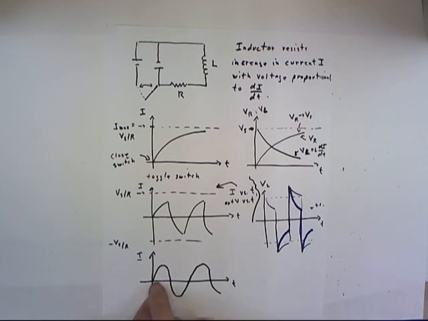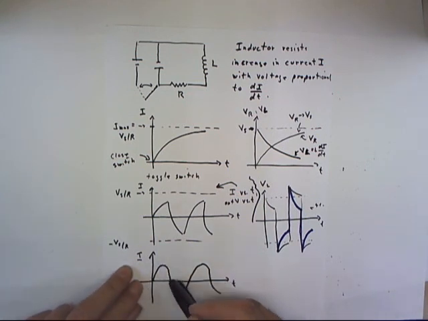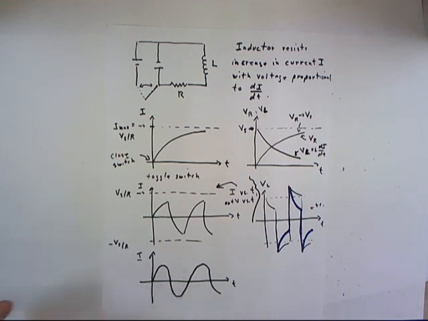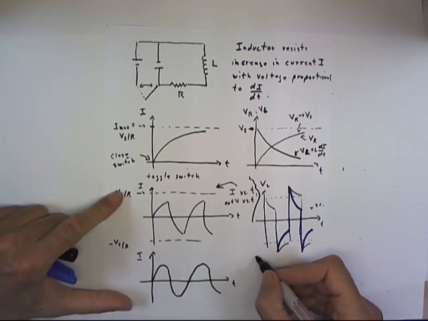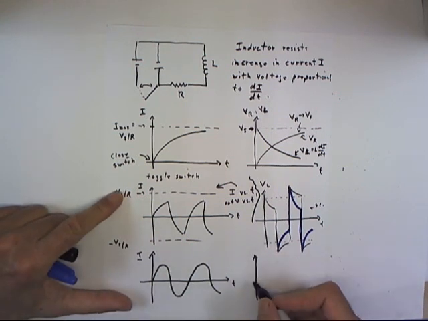If you drive it with a sinusoidal voltage, then you might get a current graph that looks something like this. Now there's going to be a difference in the phase between the current and the driving voltage, and I haven't really depicted that here. Something that goes a little beyond the scope of what we're trying to do here, but not much.